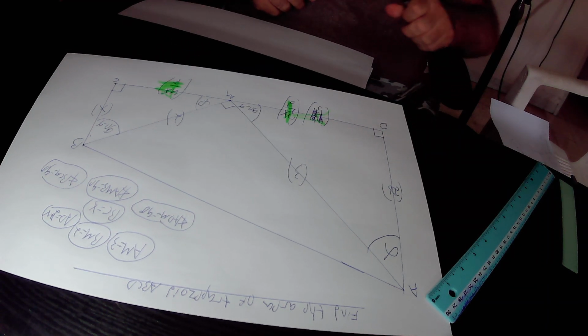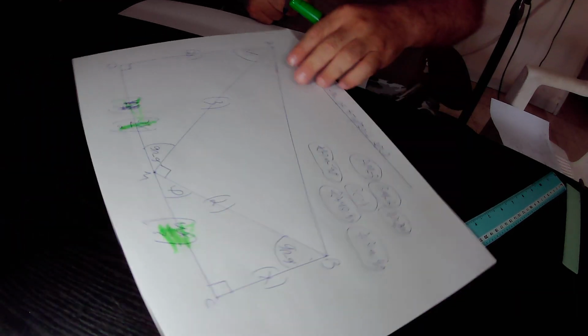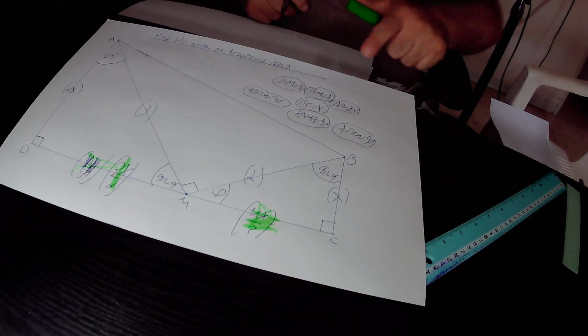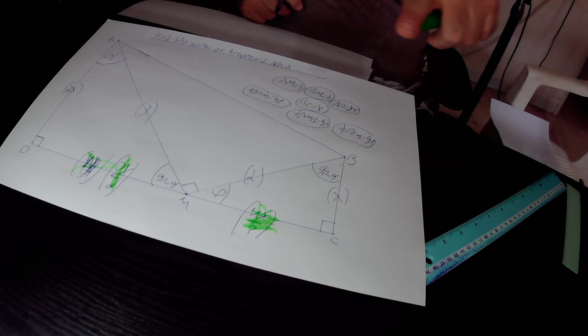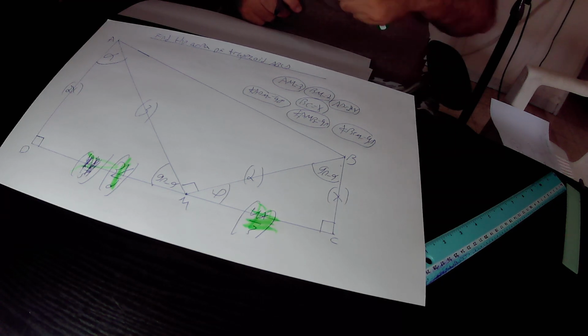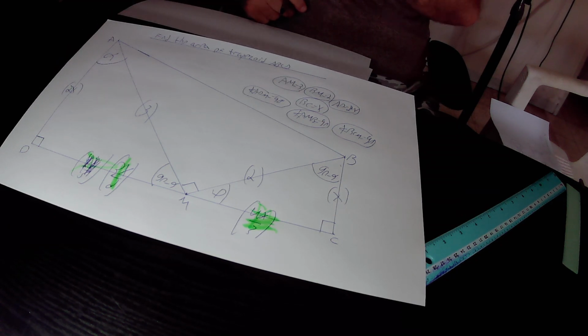Okay, so in the next step, we will apply the Pythagorean theorem on this small right triangle BMC. So I'll copy this small right triangle onto a new page and apply the Pythagorean theorem.